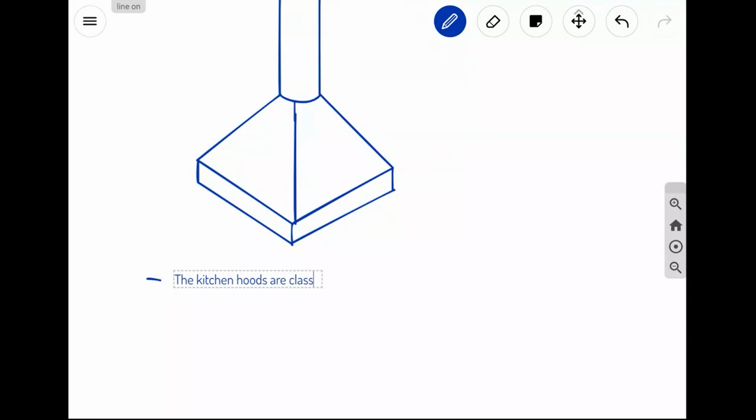Classified into two types. One is single skin hood and second one is double skin hood.